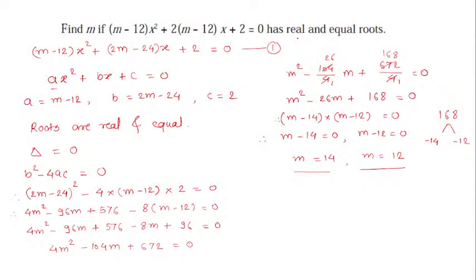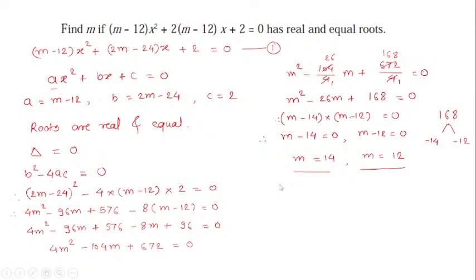If the roots are given to be real and equal, we have used the property of the discriminant. If the roots are real and equal, the value of the discriminant is equal to 0. So we have used this property to solve this question. So these are all the questions we have studied in this topic. Now another question we have left in this topic is the completing square method.